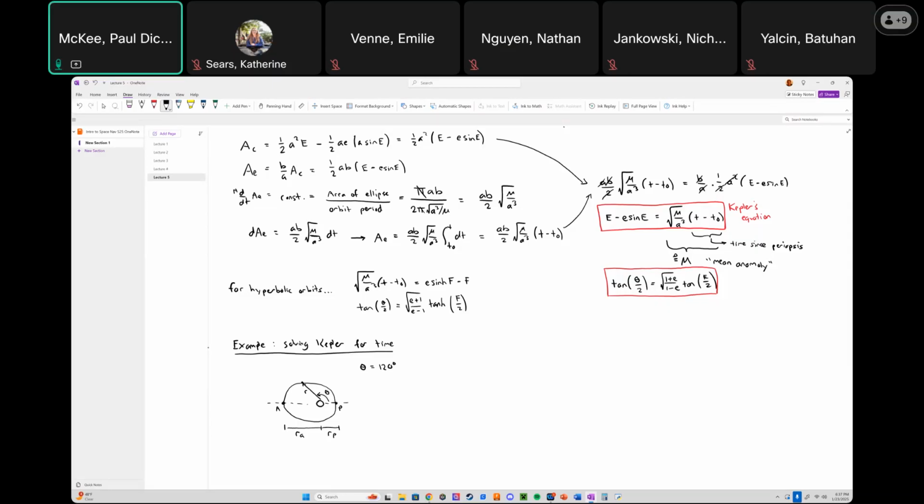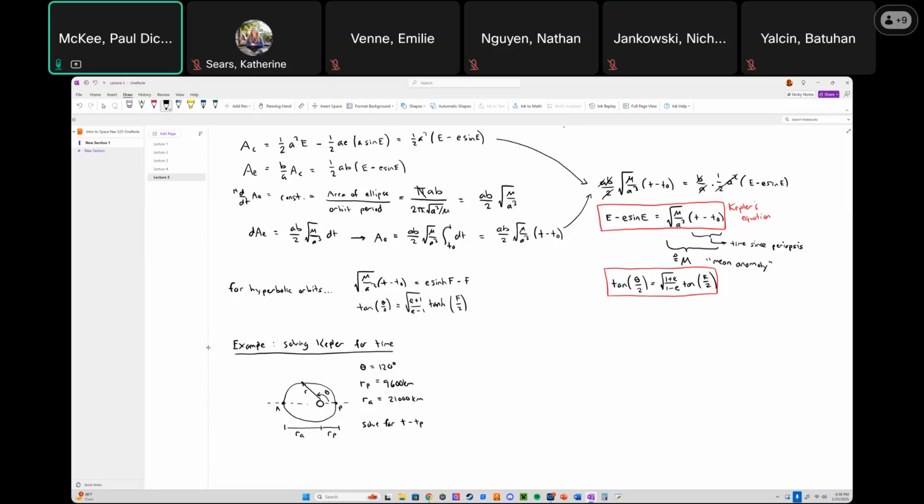And what else? RP is 9,600 kilometers. And RA is 21,000 kilometers. And we're going to say solve for time since periapsis. I'm going to write this as t minus t_P. So what we're doing is finding the time from perigee to theta equals 120 degrees.